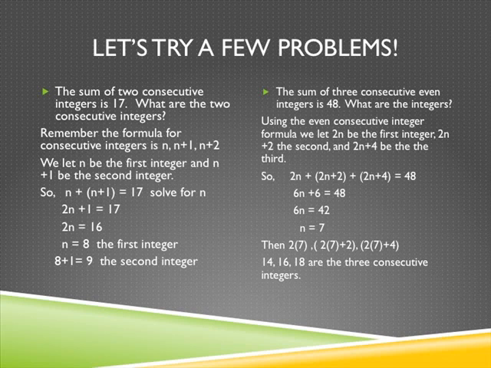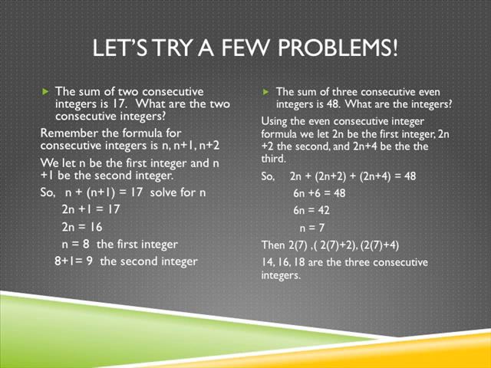Here's another problem over to the right. The sum of three consecutive even integers is 48. What are the integers? Using the even consecutive integer formula, we let 2n be the first integer, 2n plus 2 be the second integer, and 2n plus 4 be the third.